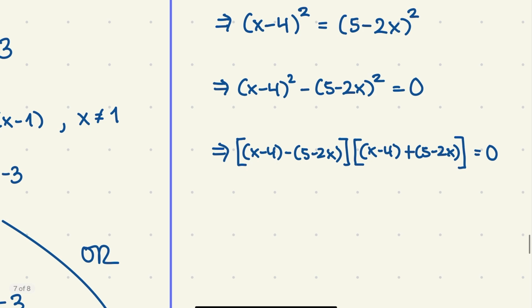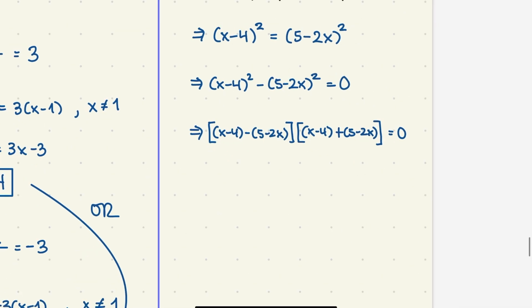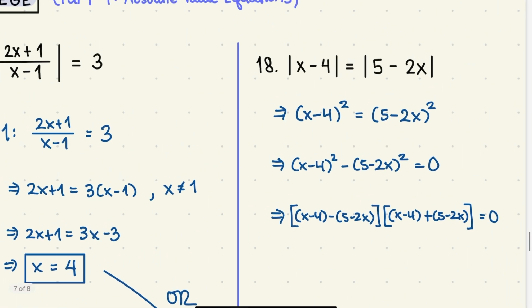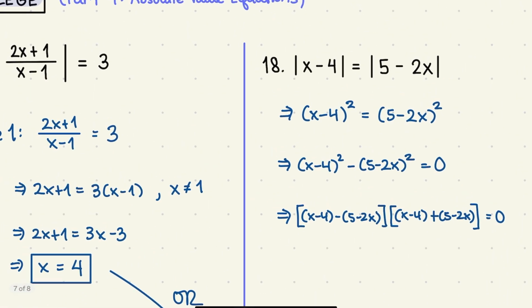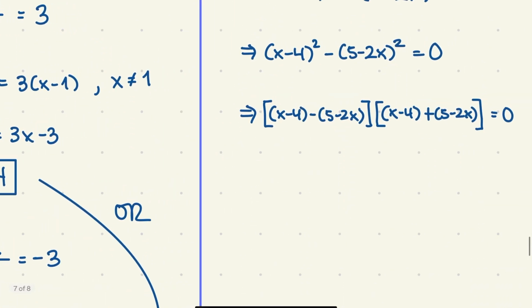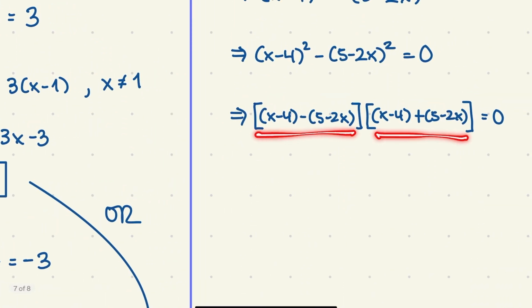Got that one? So basically this is like a minus b, and this one is a plus b. Take note that when you do the cases technique, you will have two cases, and these two factors cover those cases.